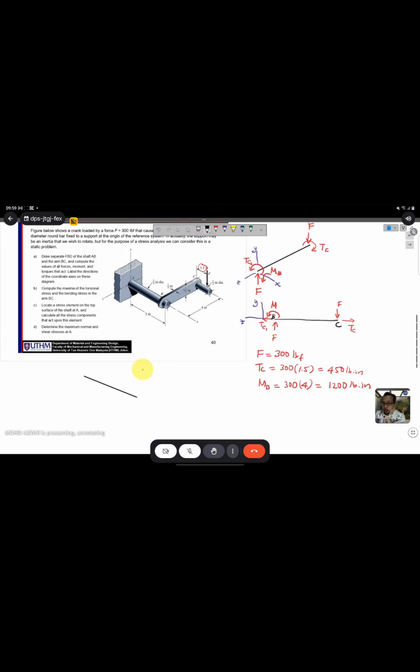When you transfer all the forces from here to here, let's start with F. F here is upward, and when you transfer to rod AB, it will be downward.